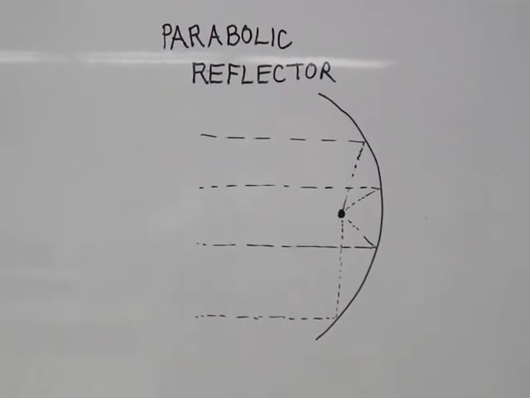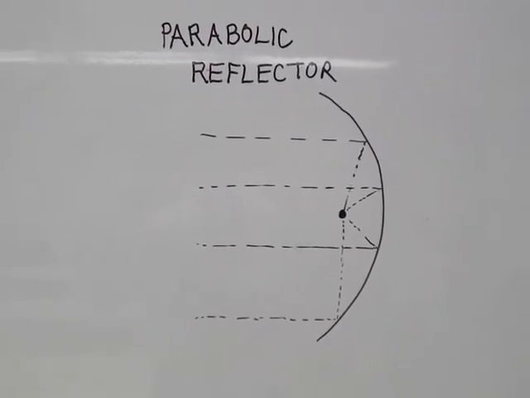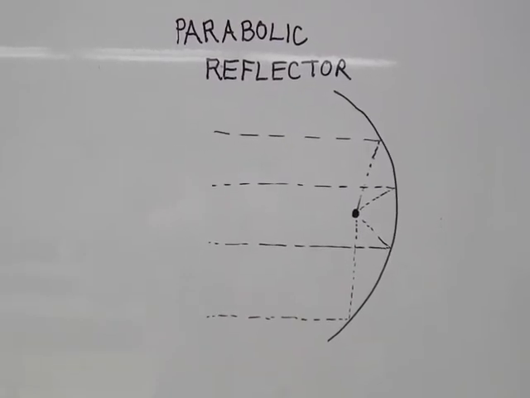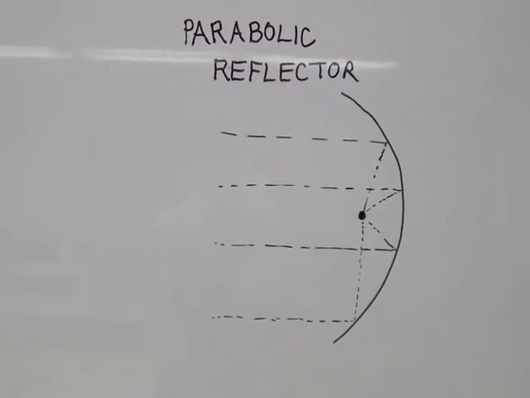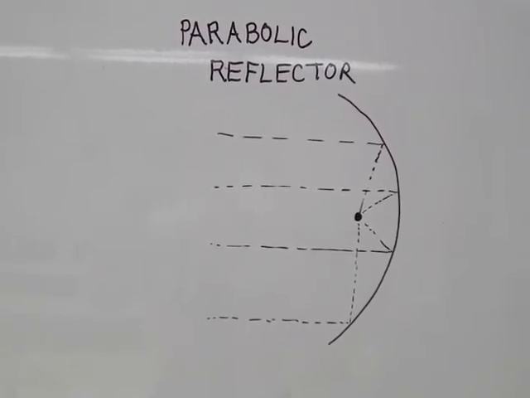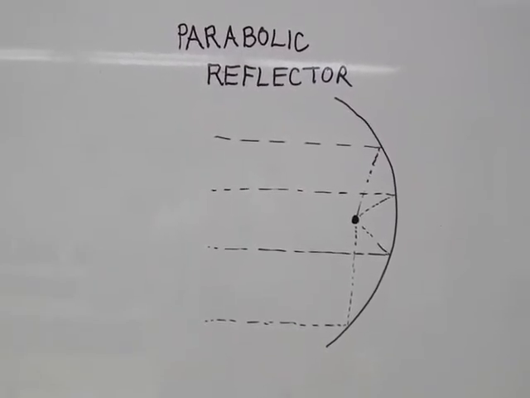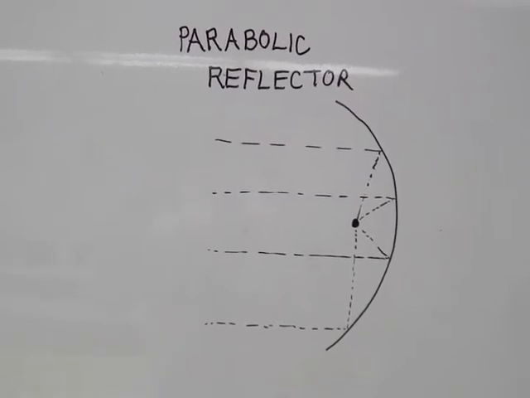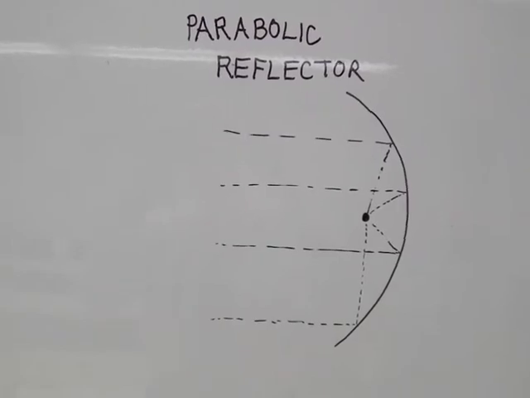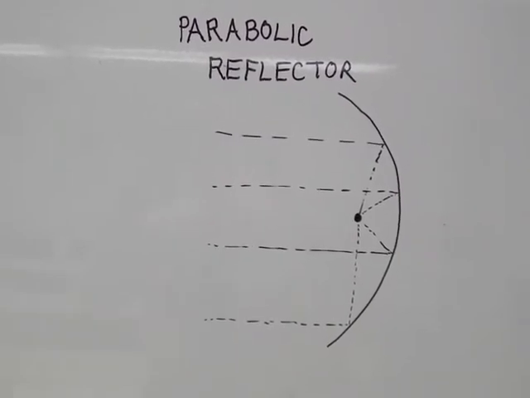So one common application of a parabola in real life is a parabolic reflector. The way a parabolic reflector works is that whatever rays are emitted from the focus bounce off the reflector outward in straight lines. Or likewise, whatever rays come into the parabola bounce off the parabola into the focus.